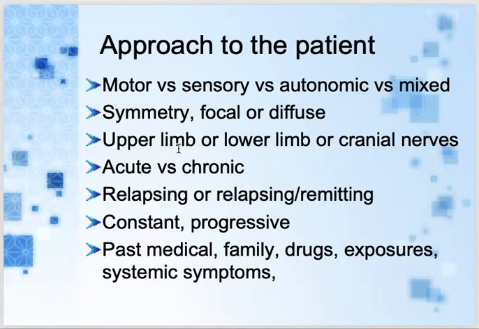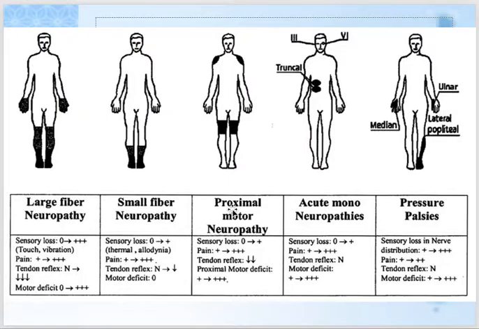Talking about the distribution, take polyneuropathy. Polyneuropathies involve widespread and symmetric dysfunction of the peripheral nerves.